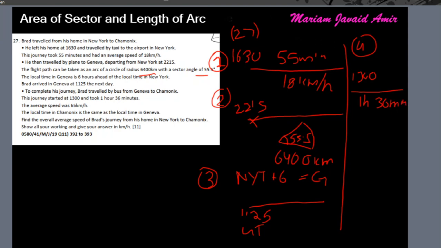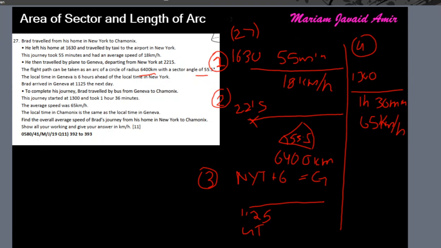The average speed was 65 kilometers per hour. The local time in Chamonix is the same as the local time in Geneva.